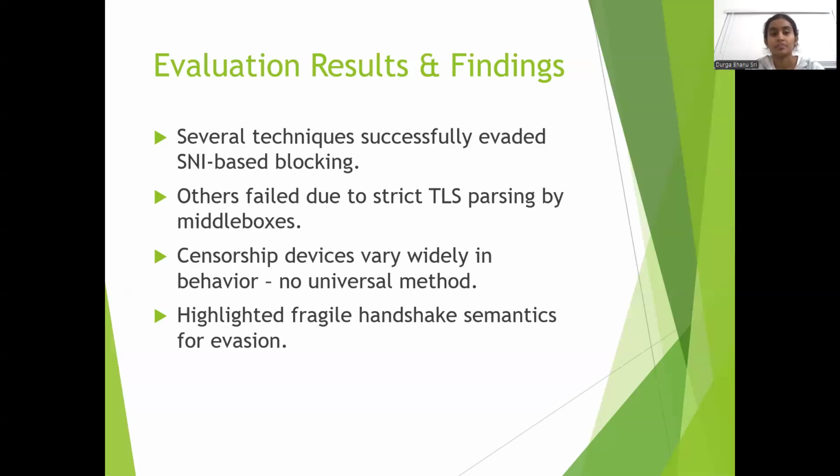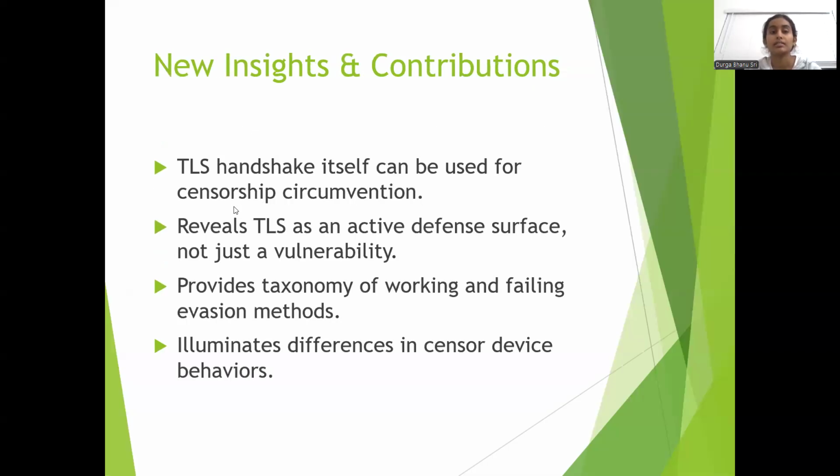And then new insights and contributions: TLS is not just a passive victim of censorship. Its handshake structure is a rich surface of evasion. The paper expands the space of censorship circumvention from network and transport layers into the cryptographic protocol itself. Censors are not monolithic.